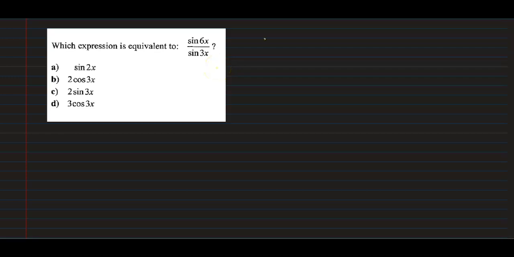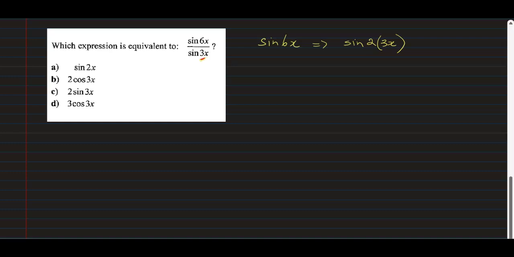So sine of 6x, we can write that as sine of 2 times 3x. And the reason I did that is because I noticed that there is a 3 in here. So that gave an idea that this 6 has to be manipulated so that it can show up as 3, or 3x.